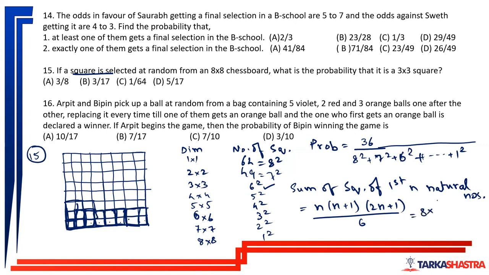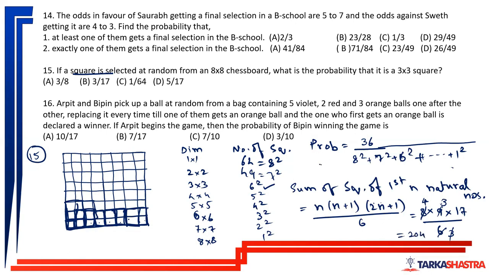It will be 1 square plus 2 square plus 3 square up to 8 square we have to do. So it is 8, 8 plus 1, 9. 8 into 2, 16 plus 1, 17 upon 6. So this is 4 twos are. This is 3 twos are. This is 3 ones are. This is 3 threes are. So this is 12 into 17. So 170 plus 34, 204.